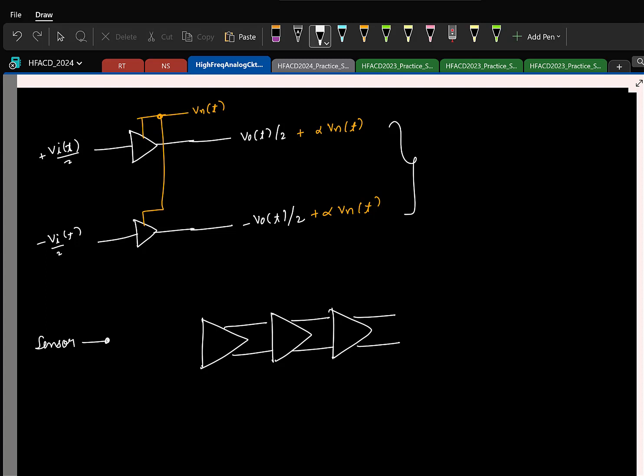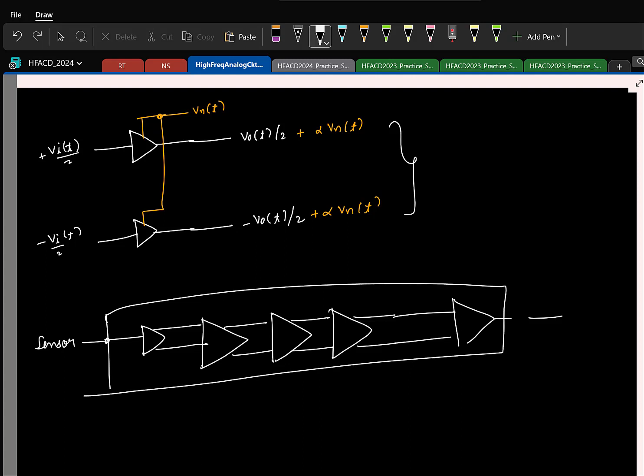So if, let us say, this is the boundary of your chip, here you will have some circuit converting the single-ended to a differential, and everything is processed in a differential manner. And let us say finally you want to drive another transducer or some speaker, that will require a single-ended output. So that is where you do this. But otherwise everything on chip will be differential because of all these reasons.